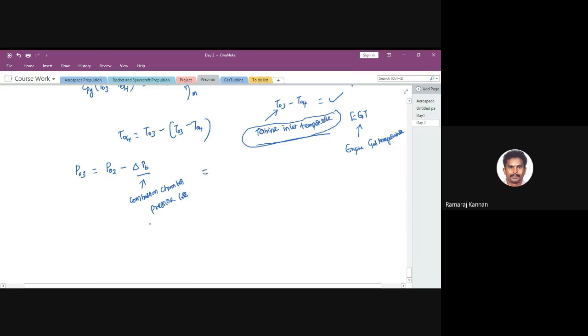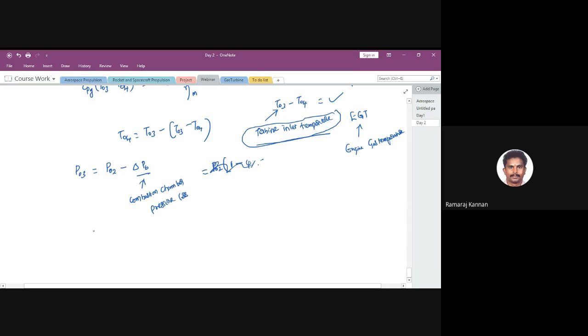Normally they will give it as a certain percentage of your compressor delivery pressure, so P03 is P02 into 1 minus whatever the value is, that is 4% or 5%. So you can calculate your P03.